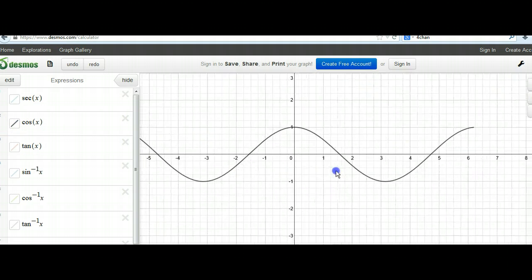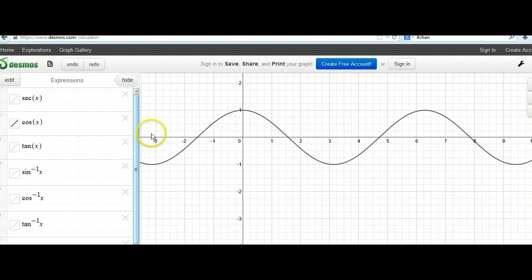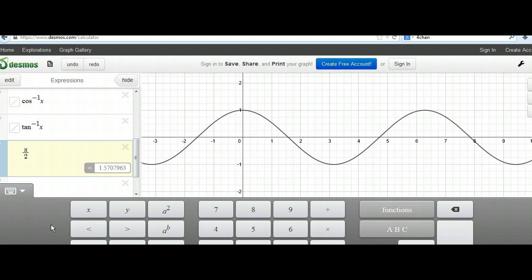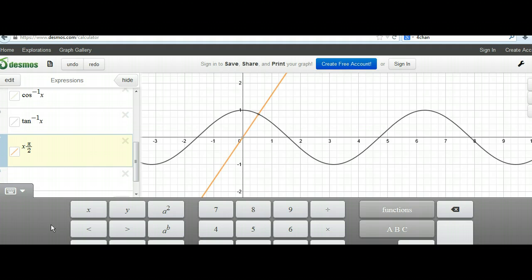So first let's find when cosine is equal to 0. Okay, well, cosine is equal to 0 here, which is pi over 2. So at pi over 2, it's 0.